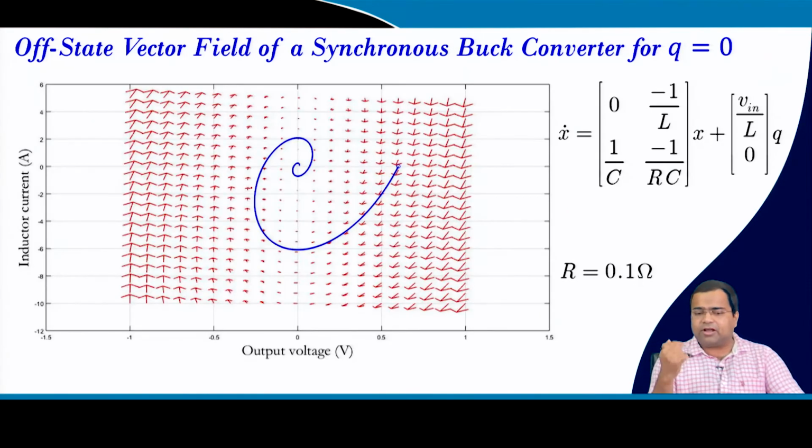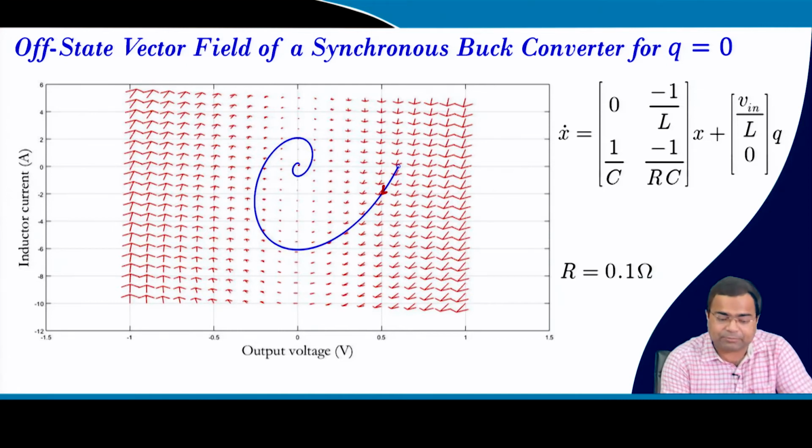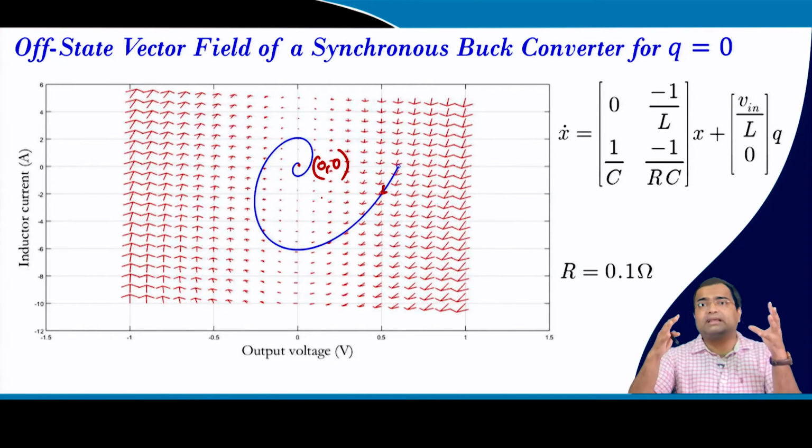Similarly, if you take fully off, the clockwise nature remains the same and it will again decay fast, but the point gets shifted to 0, 0. So we have discussed that we never want fully on or fully off, and under light load condition we really face difficulty in controlling and getting the desired response.